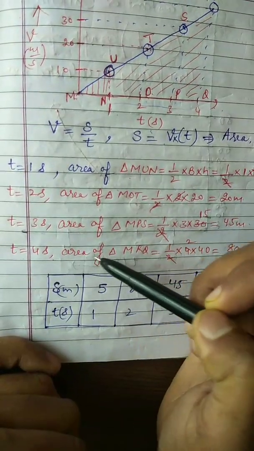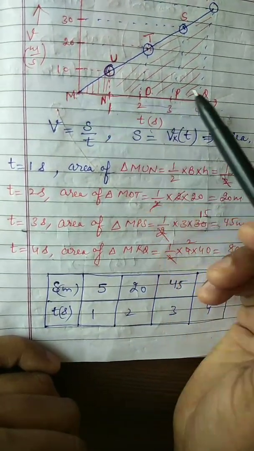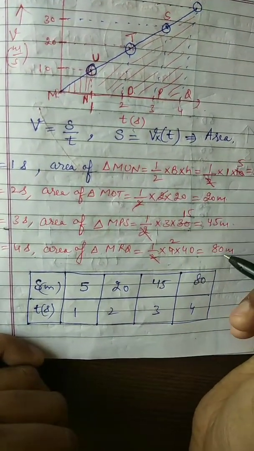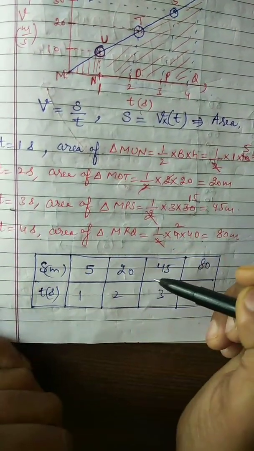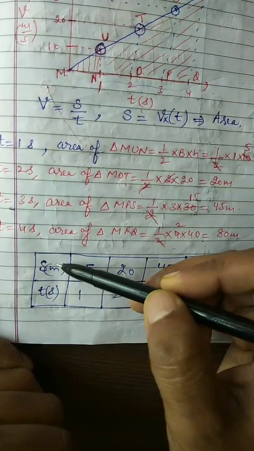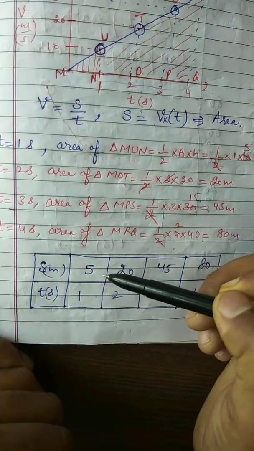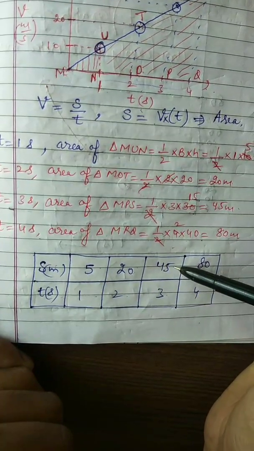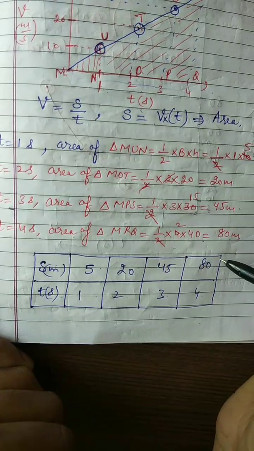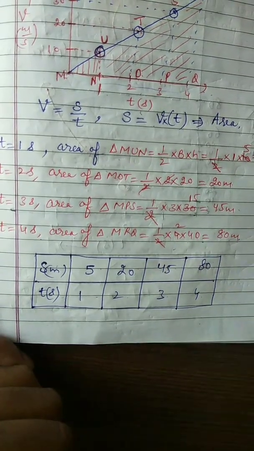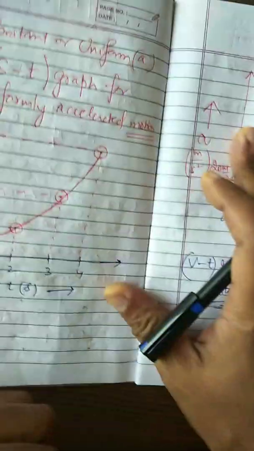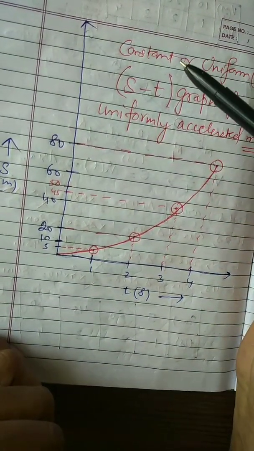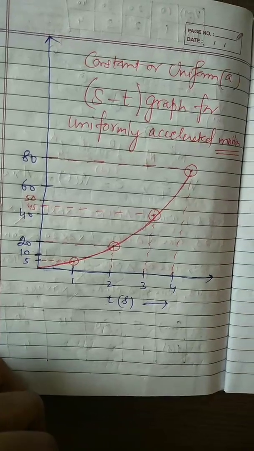And for 4 seconds, the area of this big triangle MRQ is half into base into height, and the value is 80 meter. Accordingly, we can draw the observation table for displacement and time. For 1 second 5 meter, for 2 seconds 20 meter, for 3 seconds 45 meter, and for 4 seconds 80 meter. On the basis of that, you can get the displacement time graph. So this will be the displacement time graph.